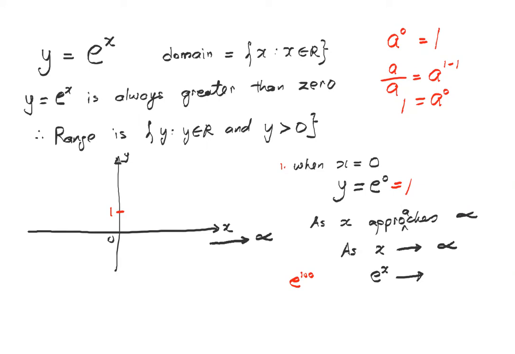So approaches what? Infinity. So you write there, infinity. So this is some skill that you have to learn. That is how we analyze. Approaches infinity. So that means my y will approach infinity.